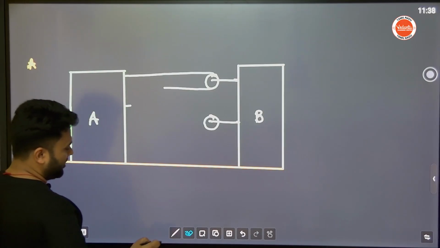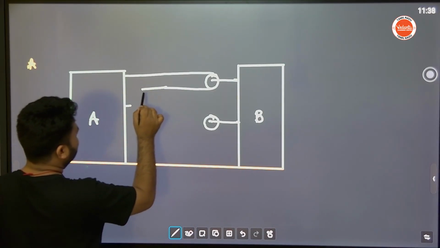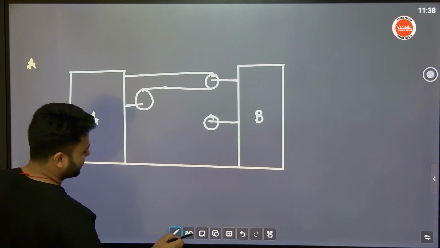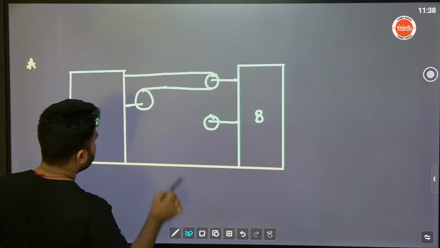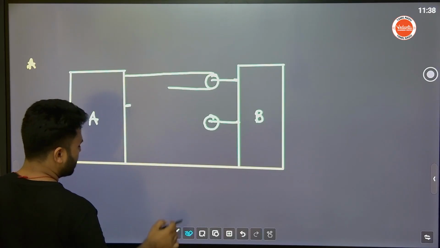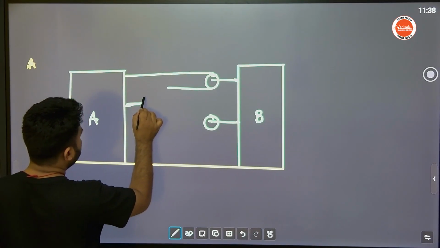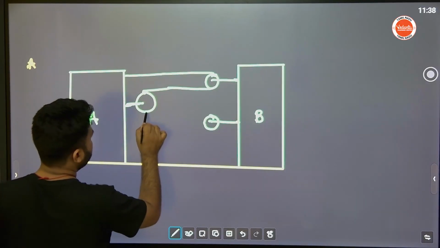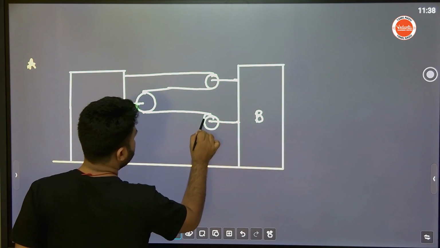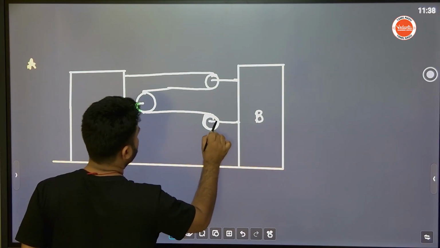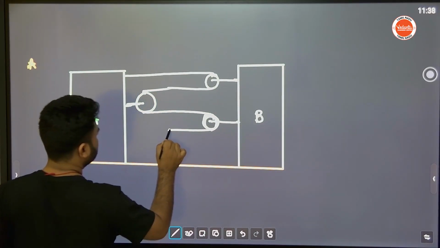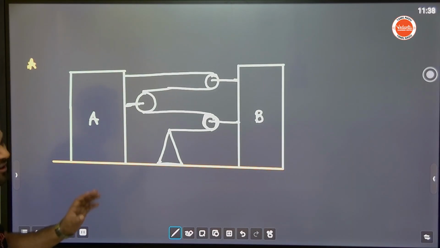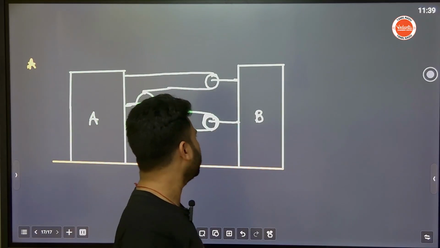I am very bad at drawing, so kindly hold patience. Okay, rough drawing. Try to adjust. Okay.